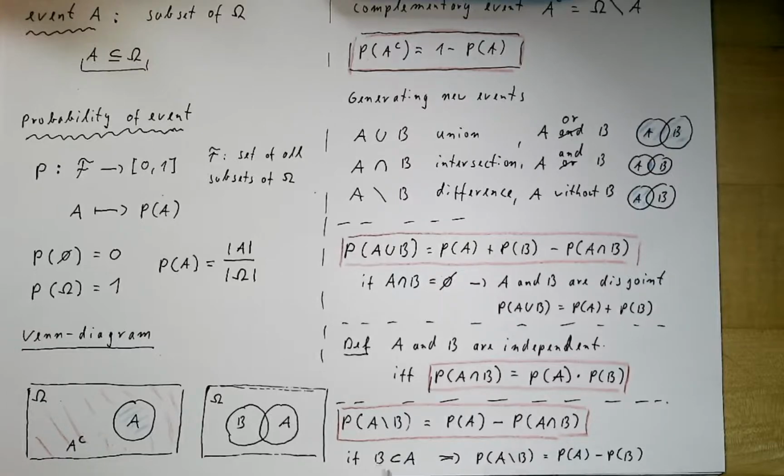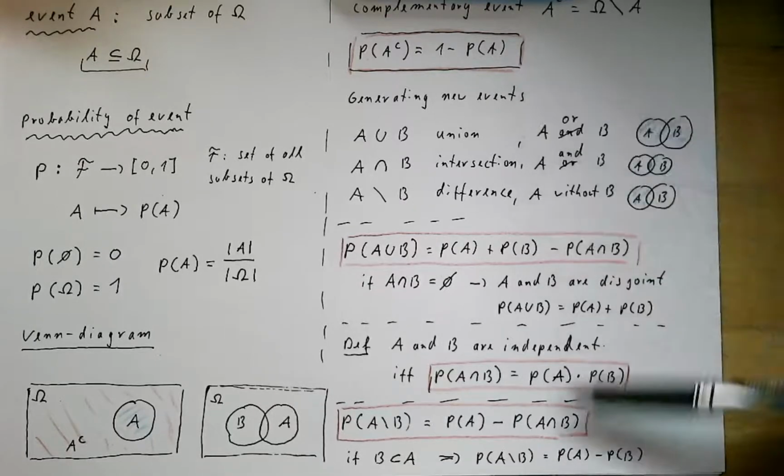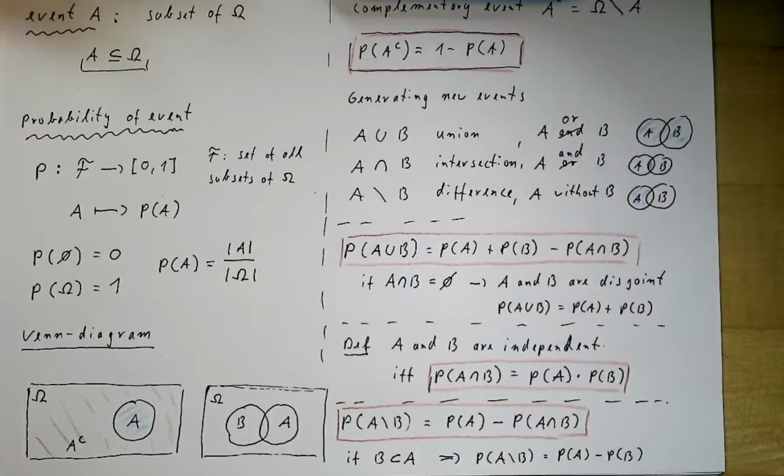And if B is a real subset of A, then the probability of the difference is just the difference of the probabilities. So these are basically the 4 rules that we need, and with this we can easily compute probabilities of more complicated events, and you will see some examples in the exercises.